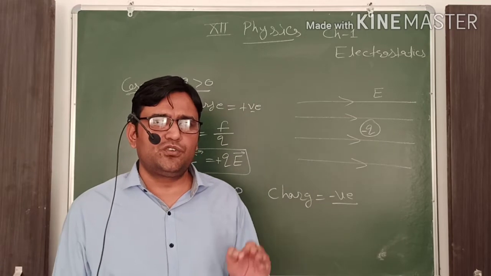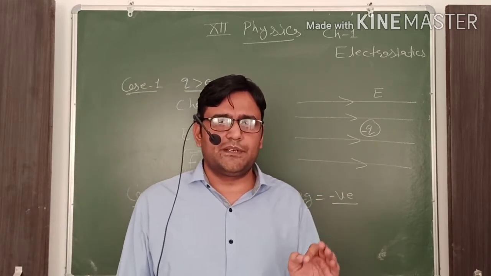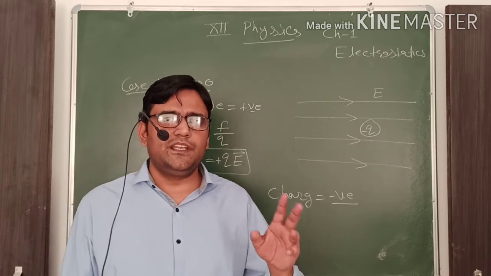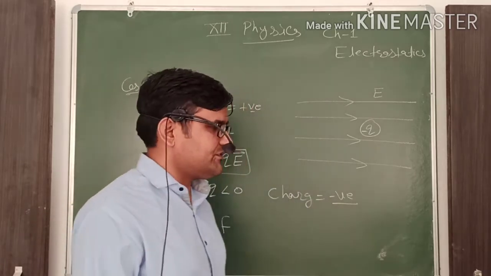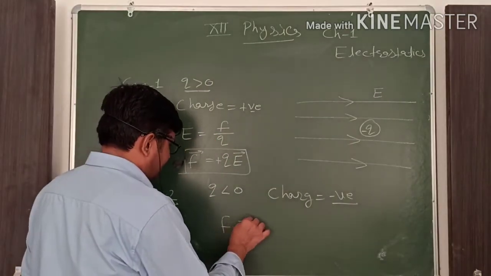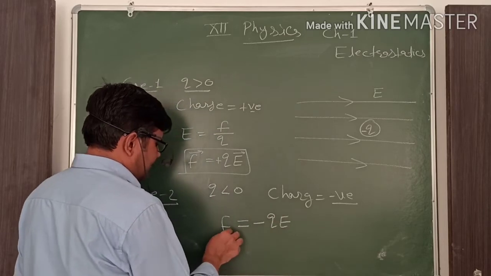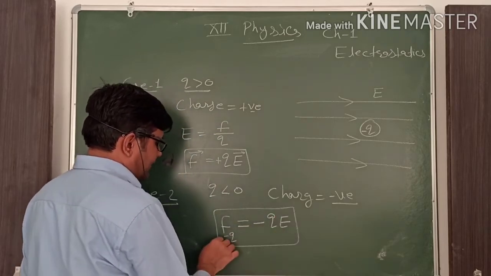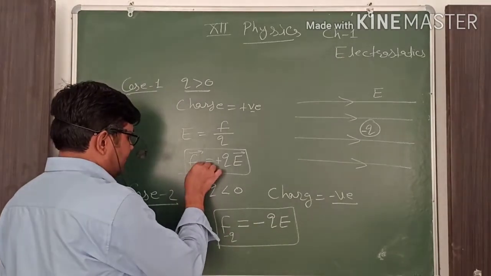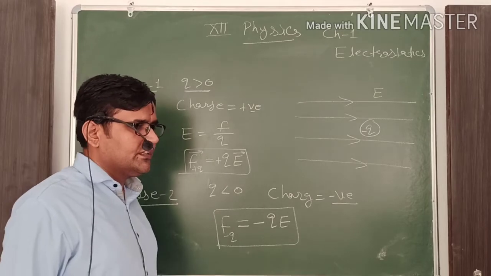If we have two vectors opposite in direction, they are represented with a negative sign. That's why here we use F equals minus Q into E. This is the force due to minus Q, while the force due to plus Q is plus Q into E.